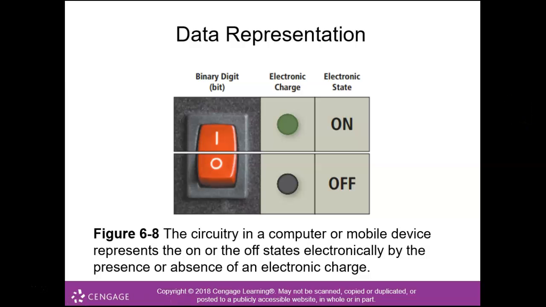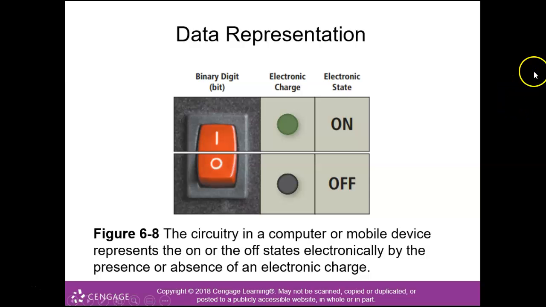Data representation refers to the form in which the data is stored, processed, and transmitted. Smartphones, iPods, computers, they all store data in digital formats that can be handled by electronic circuitry. And electronic circuitry handles data in terms of bits, on or off.